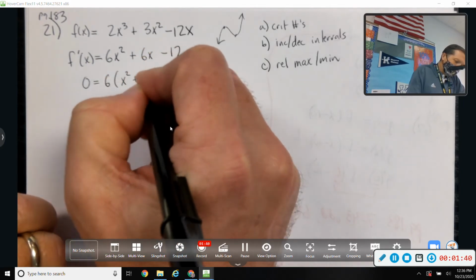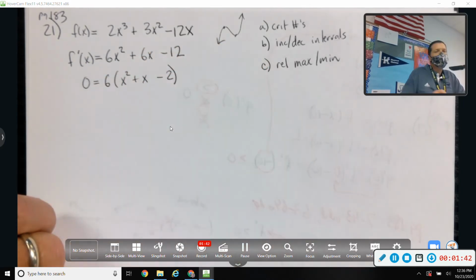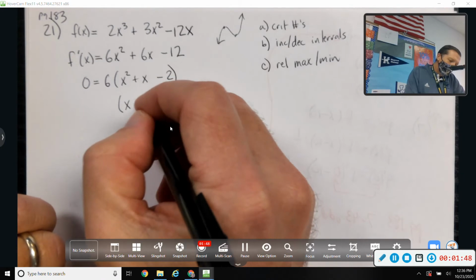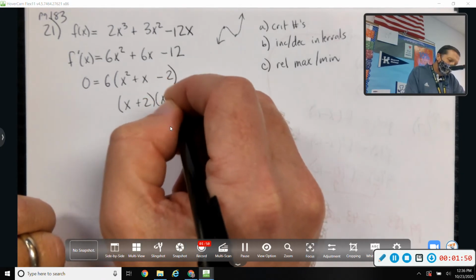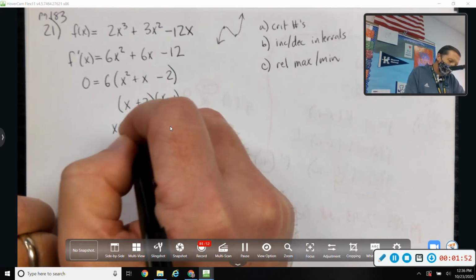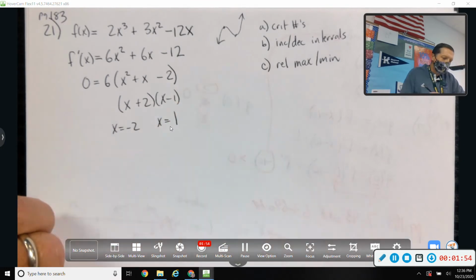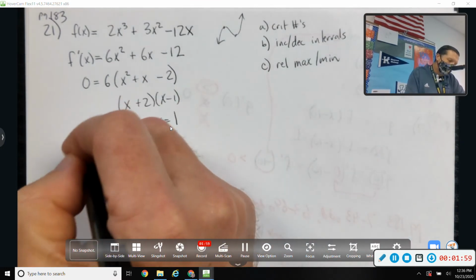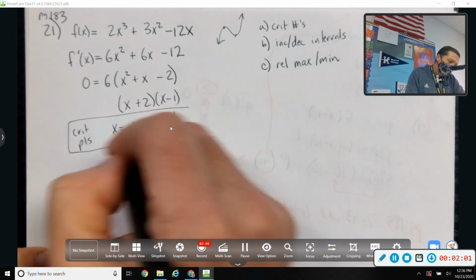I'll factor out a 6 to make life a little easier when it comes to factoring. x plus 2 and x minus 1. So x equals negative 2 and x equals 1. Our critical points.